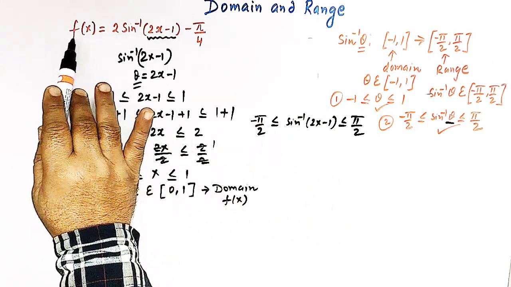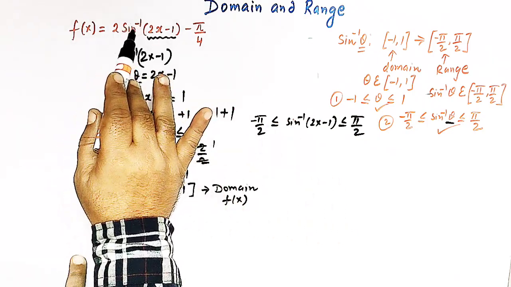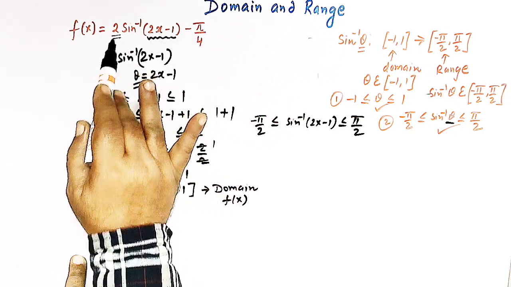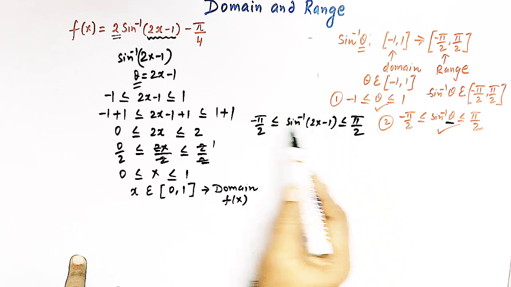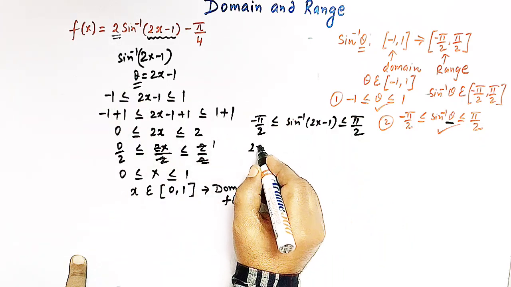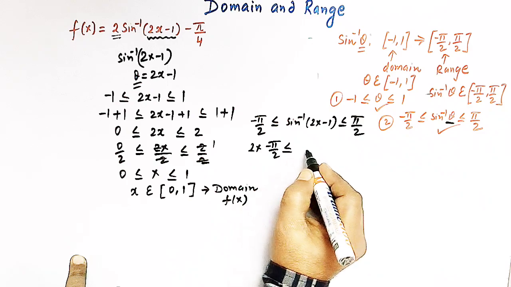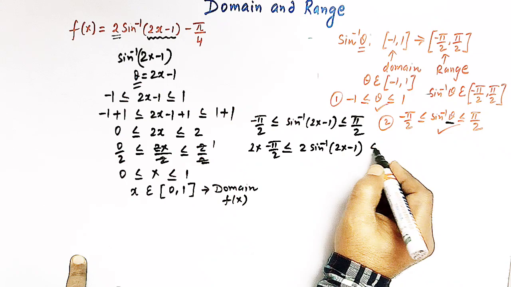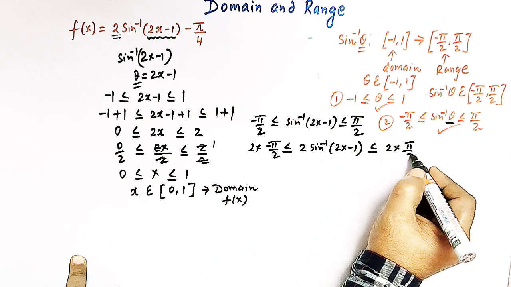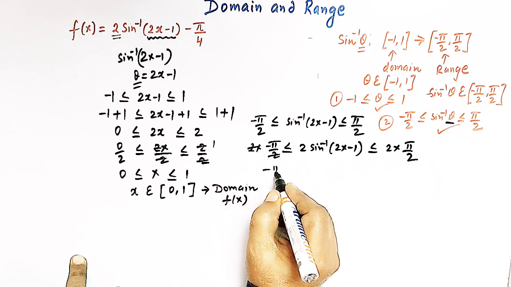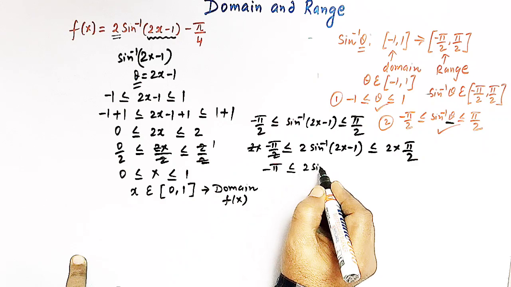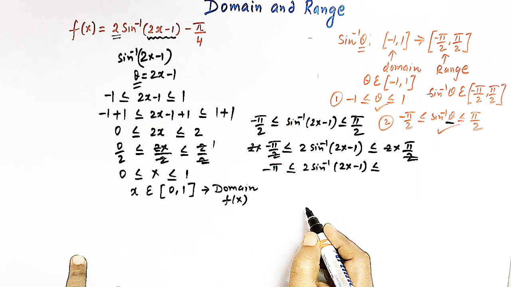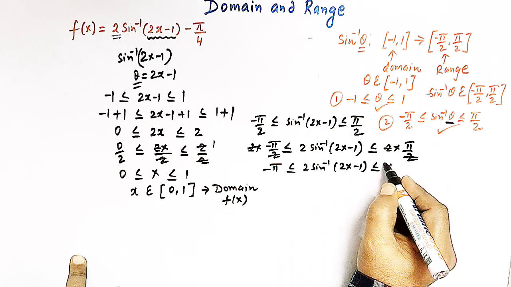Now see, the function f of x is equal to 2 times sine inverse of 2x minus 1, minus pi by 4. So let us multiply this inequality throughout by 2. So we have 2 times minus pi by 2, then we have 2 times sine inverse of 2x minus 1, and then we have 2 times pi by 2. So 2 and 2 get cancelled, and we have 2 sine inverse of 2x minus 1, and here 2 and 2 get cancelled, so we are left with pi, right?